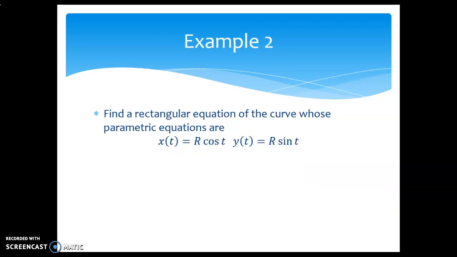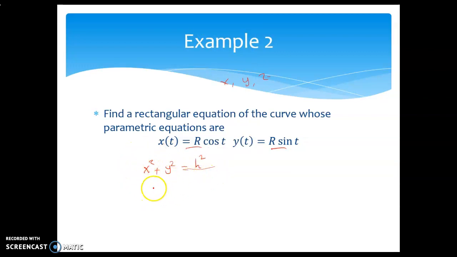Now find a rectangular equation of the curve. Rectangular coordinates are x, y, and z. If I have an equation expressed in terms of t, we want to go back to x, y, and z. We have the Pythagorean theorem: x squared plus y squared is equal to some number, the hypotenuse squared.